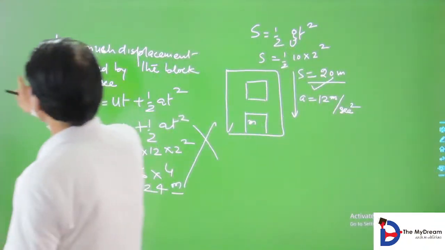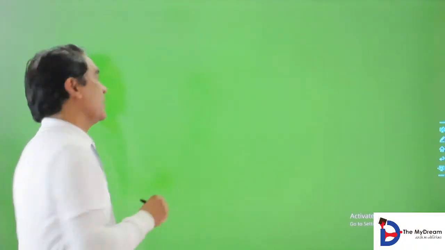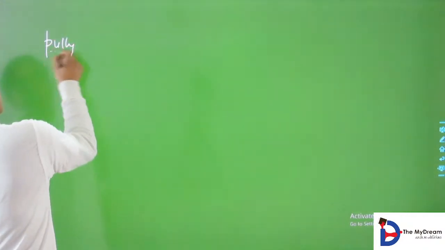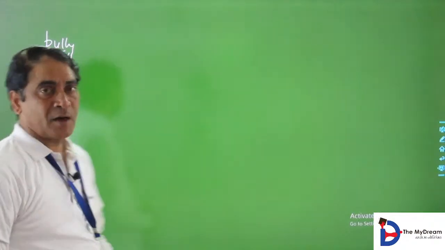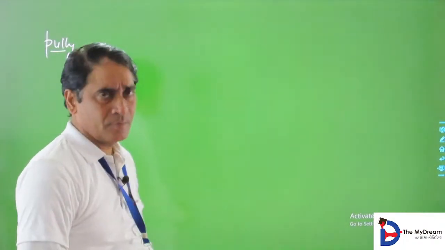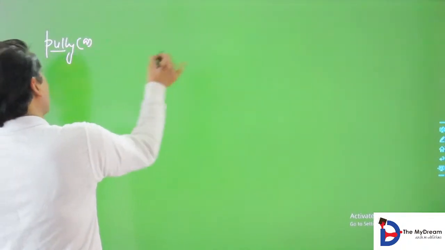Now we are talking about the pulley. First of all, we are talking about the simple pulley. After that, the different types of cases which we will discuss here. So the first case, the simple pulley.